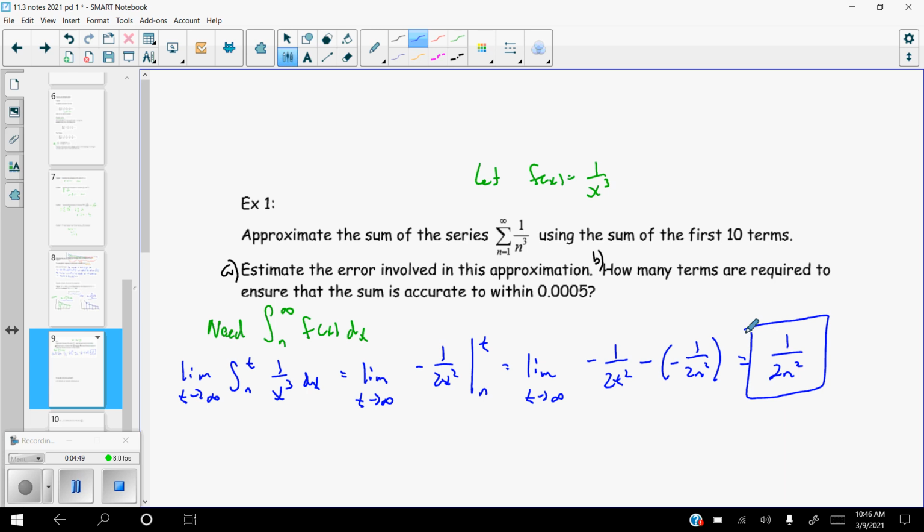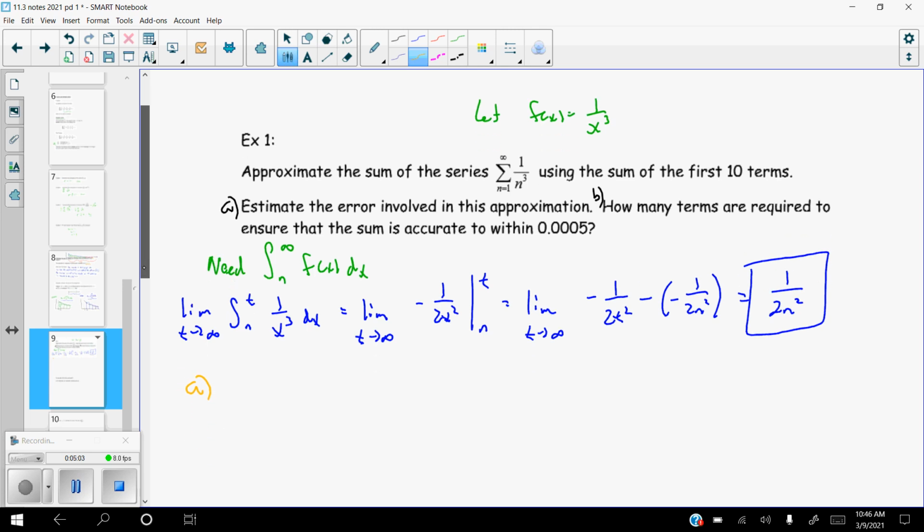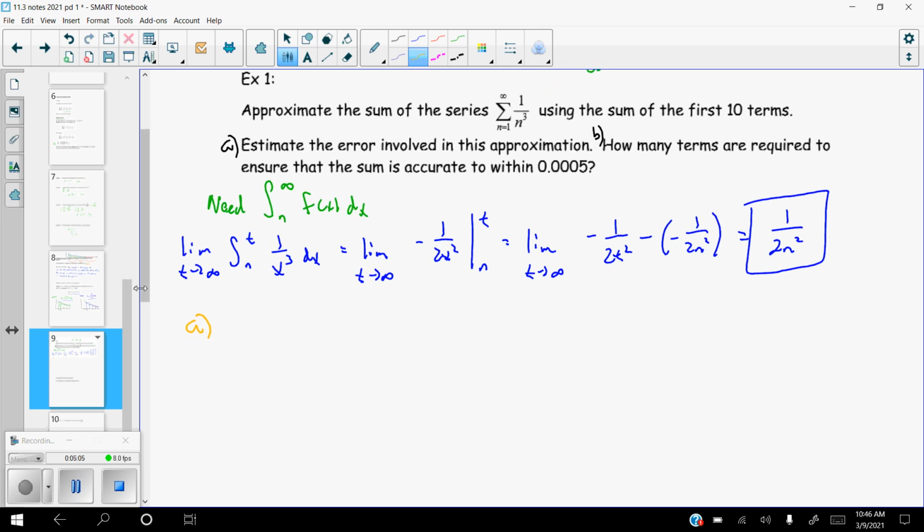But it says estimate the error involved in the approximation. So now let's actually move on to part A, because we needed this expression for our error in order to do all the rest of it. It says using the first 10 terms, estimate the error in the approximation.